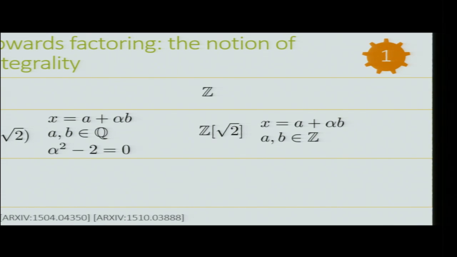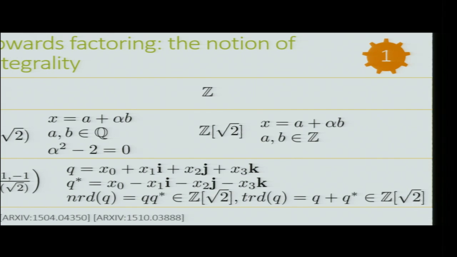A simple example: if you have Q adjoin square root 2, which I showed you before, then the ring of integers will be a plus alpha b, where a and b are now integers. Please, if you're not familiar, don't be confused. It doesn't happen all the time that you can just replace things with integers and get the ring of integers of a number field. It's a little bit more complicated than that.